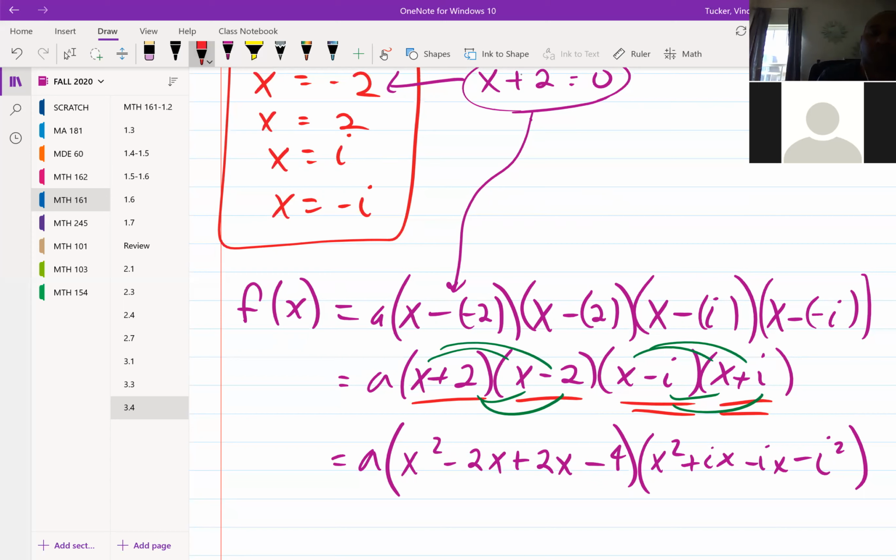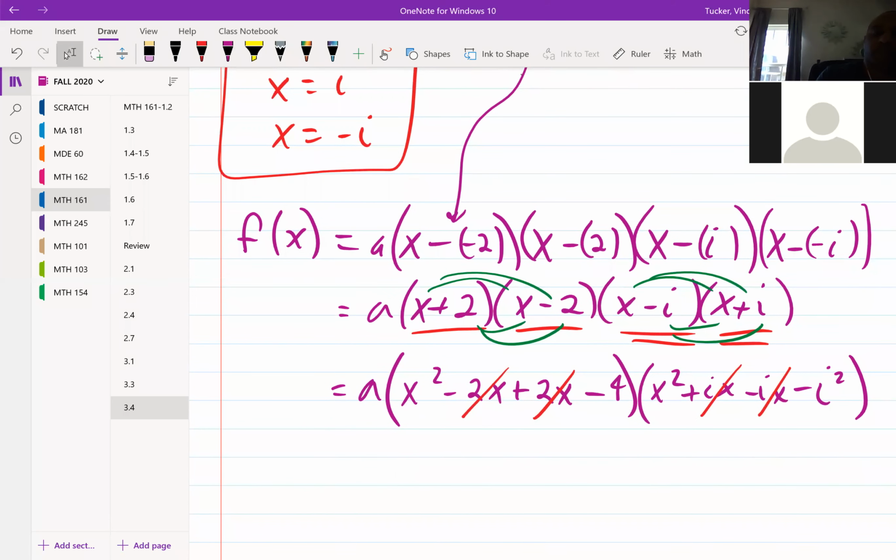So 2x and negative 2x cancel in the first quantity. ix and negative ix cancel in the second quantity. That'd be a times x squared minus 4. Then here we have x squared minus, don't forget i squared is not in its simplest form. i squared is actually negative 1.